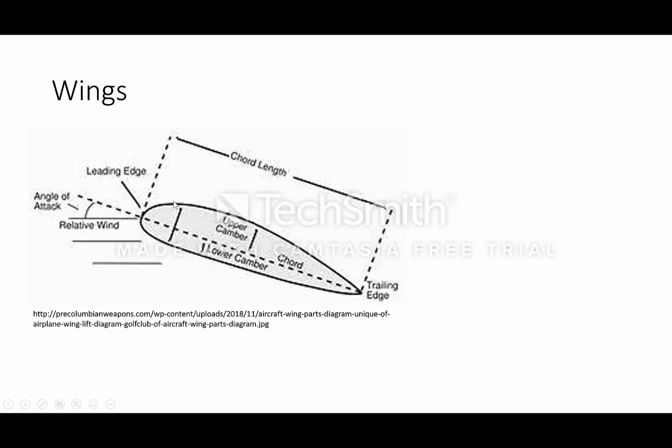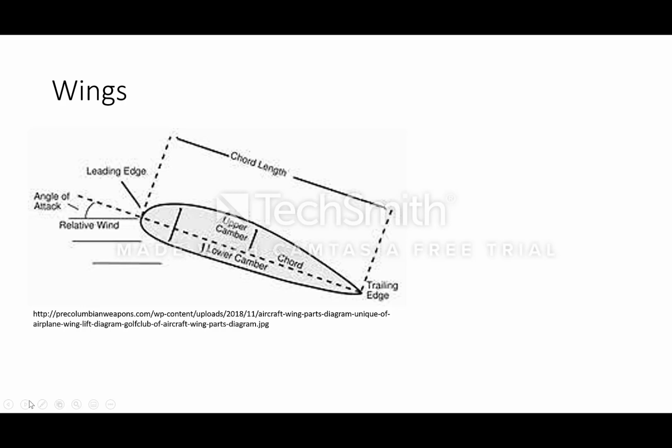That helps push the air around the wing, creating less pressure on top and more pressure on the bottom. So we have the leading edge, which points to the front of the plane. The trailing edge is the edge of the wing that points to the back of the plane. The chord is the distance between those two edges, from the front to the back. The camber is the amount of curvature of your wing.